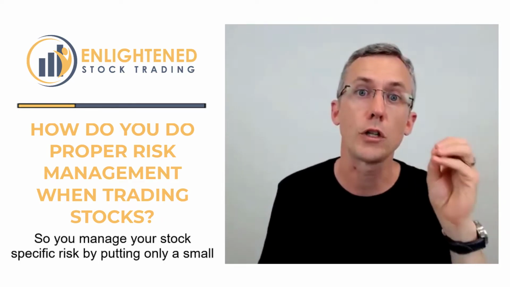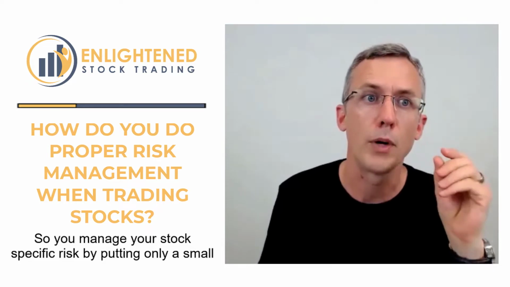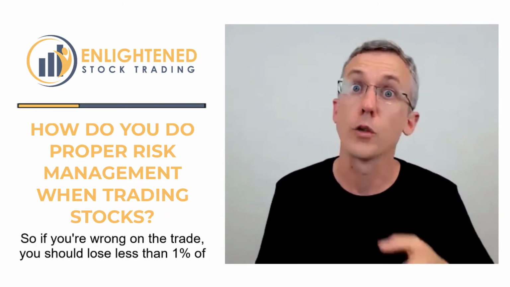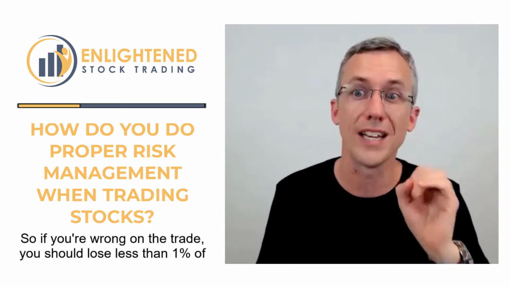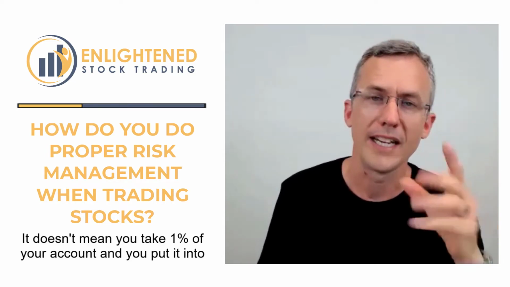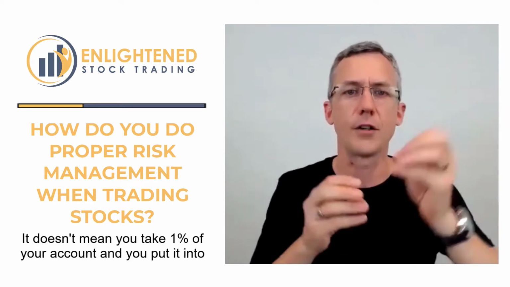So you manage your stock-specific risk by putting only a small proportion of your account at risk on each trade. How small? Less than 1%. If you're wrong on the trade, you should lose less than 1% of your account on that trade. It doesn't mean you take 1% of your account and put it into that stock.